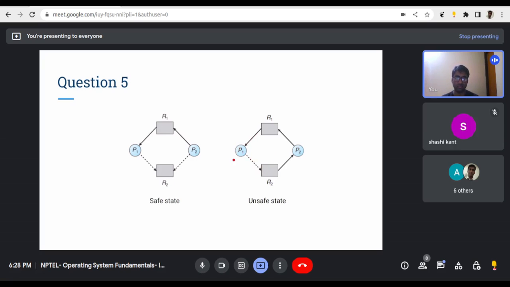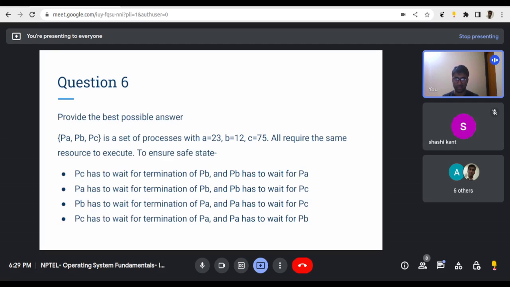R1 is held by P1, which is waiting for R2, which is held by P2, which is waiting for R1. So there is a cyclic wait, and it ultimately leads to a deadlock. So this resource allocation graph clearly differentiates between the safe and the unsafe states.